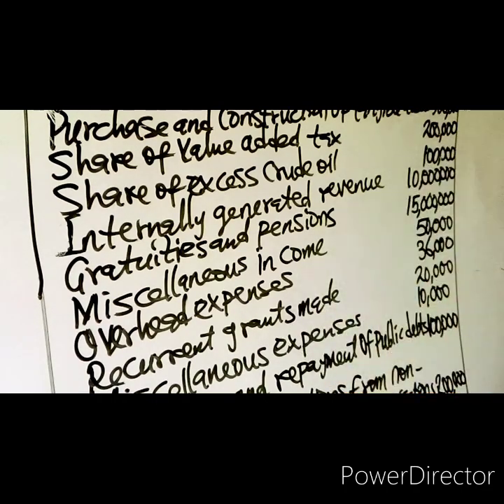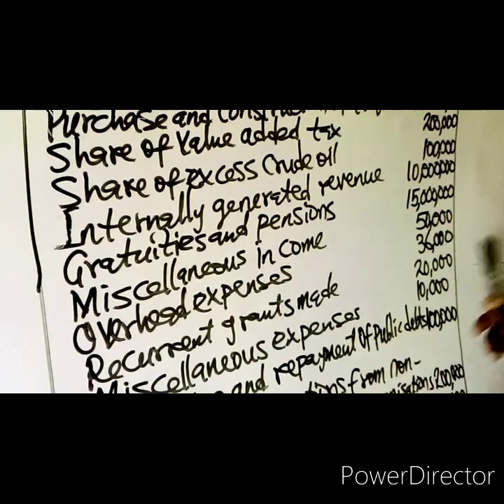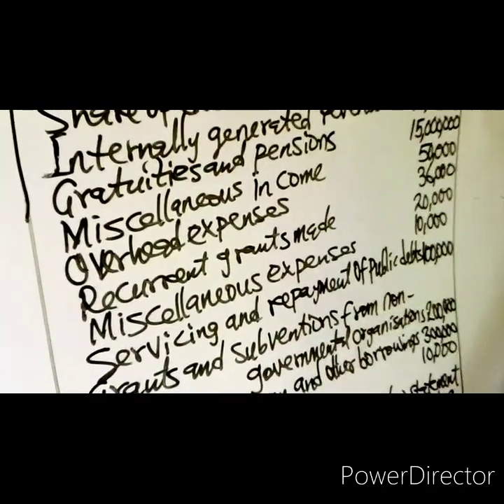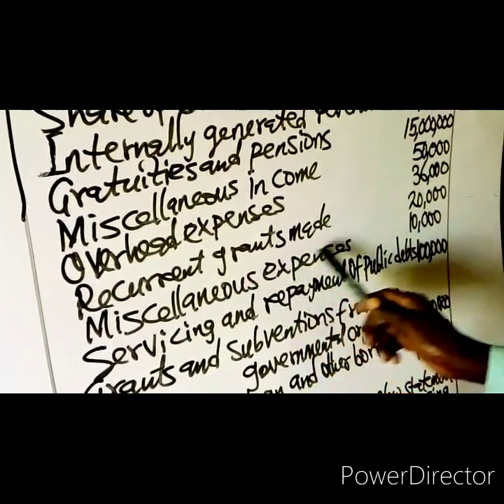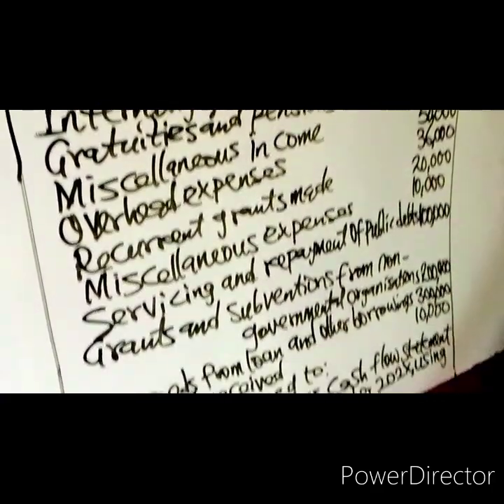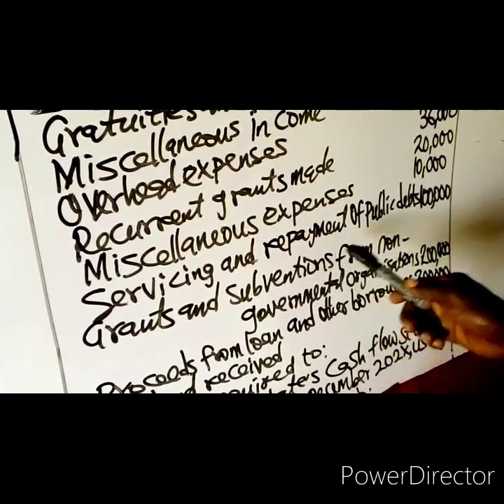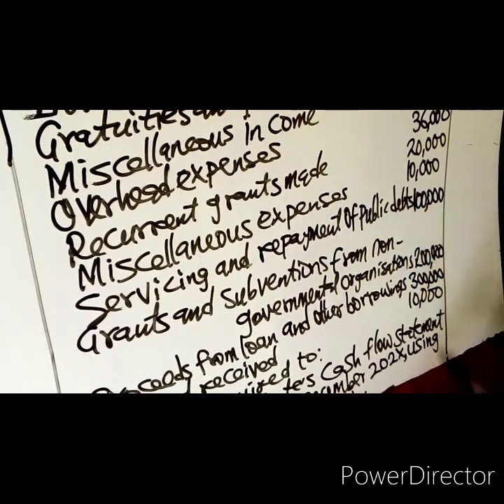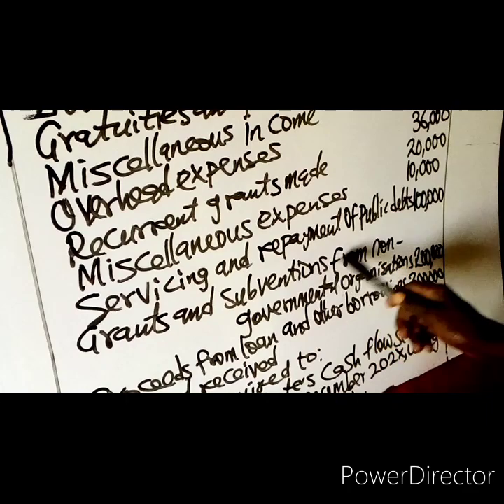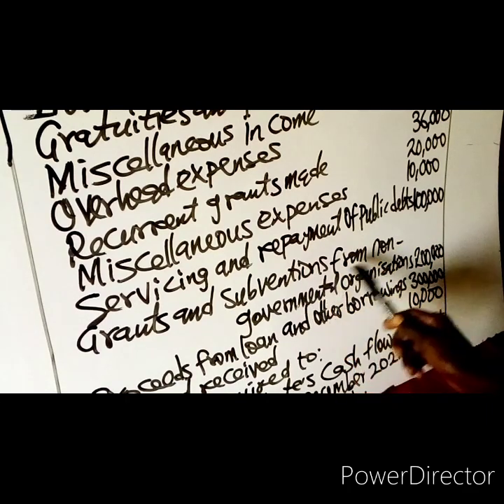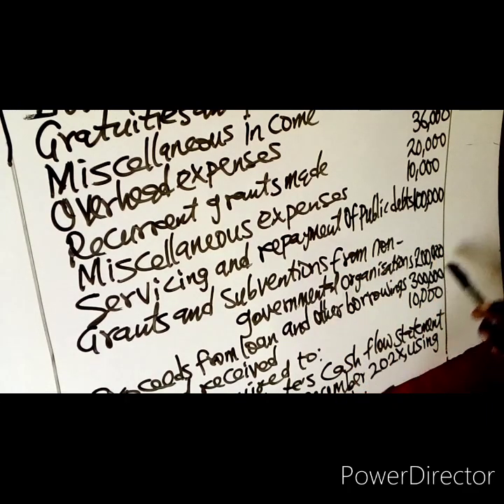Recurrent grants made, 20,000. Miscellaneous expenses, 10,000. Servicing and repayment of public debts, 100,000. Gratuities and subvention from government from non-governmental organizations, 200,000.